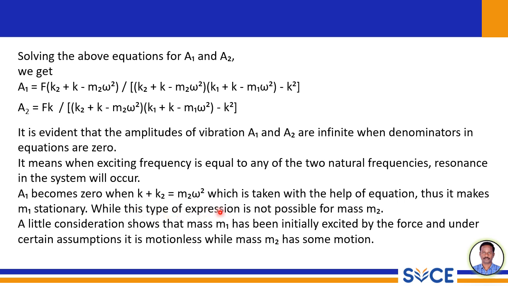These conditions can be achieved with a specific forcing frequency. In this case, mass M1 becomes stationary, while mass M2 still has motion. This scenario is possible because mass M1 is initially excited by the external force. Under certain conditions, it can become motionless while mass M2 continues to vibrate. This illustrates the complex dynamic behavior of 2 degree of freedom systems.